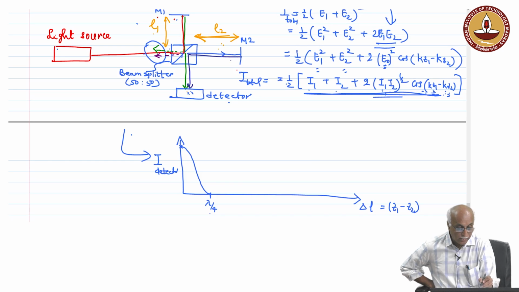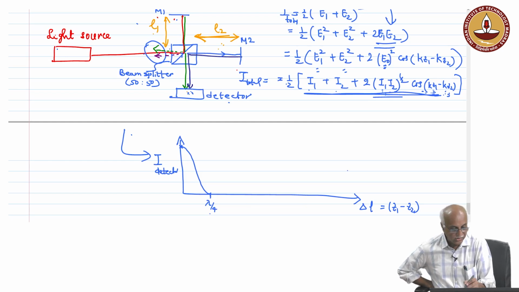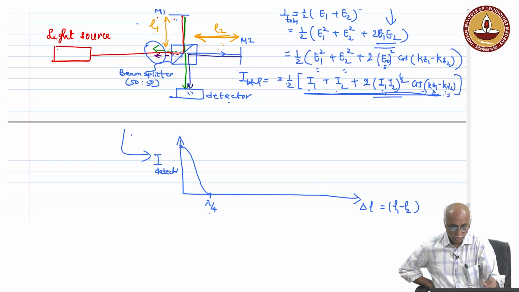So when the path difference is L1 minus L2, I should write it in terms of L1 and L2, instead of Z1, I'm so sorry. So double the distances, so lambda by 4, then it will go to 0.